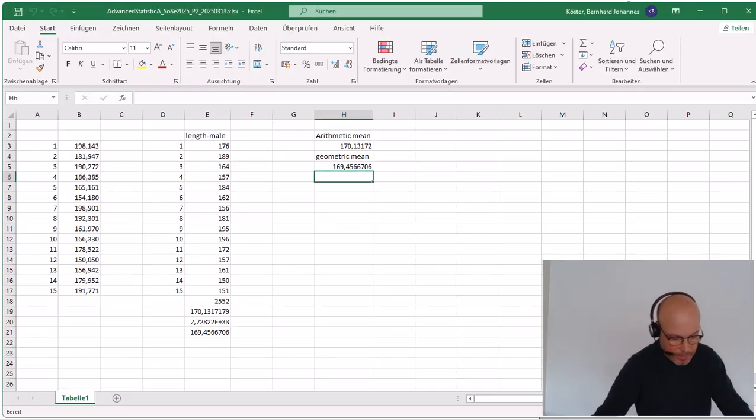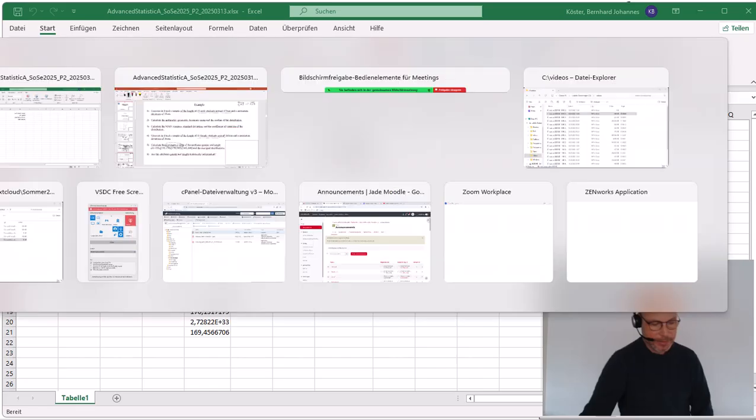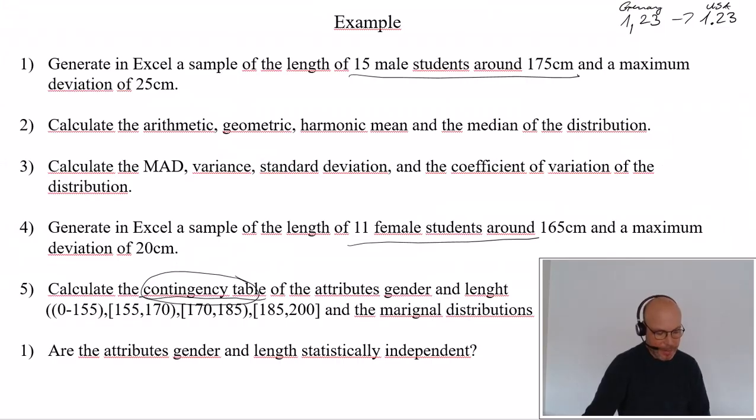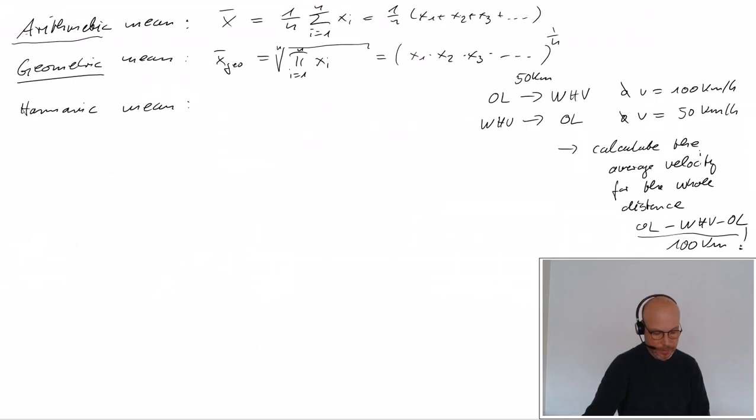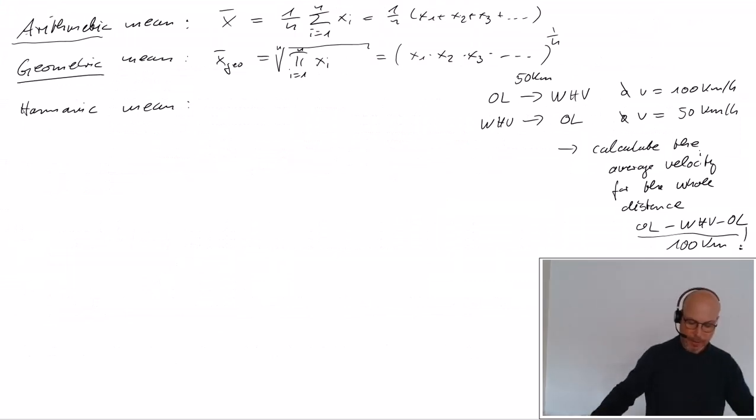So we had calculated the arithmetic mean and the geometric mean, and then I have posed to you this question here. Has anybody of you done this?